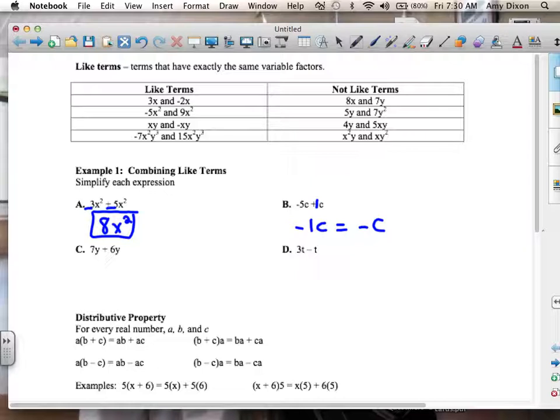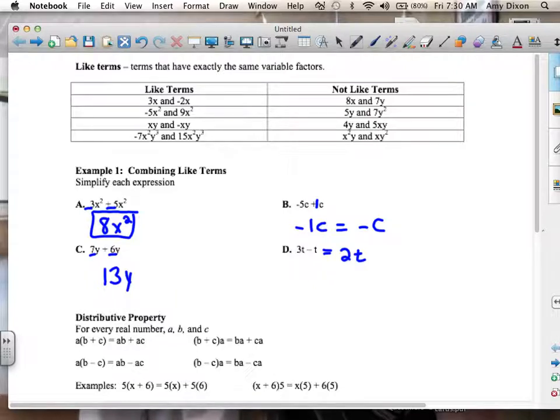All right, letter C, we have 7y and 6y. We take 7 and 6, add those together. We get 13, we get 13y. Next one, we have 3t minus t. So if we take 3t minus t, remember there's a 1 in front of that t, so 3t minus t gives you 2t. 3 minus 1 gives you 2.